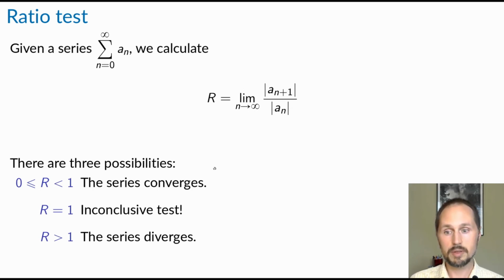Now there are three possibilities. Either this limit is strictly less than 1, in which case the series converges. This limit can be equal to 1, in which case our test is inconclusive. And the last possibility is that this r is greater than 1, in which case the series diverges.